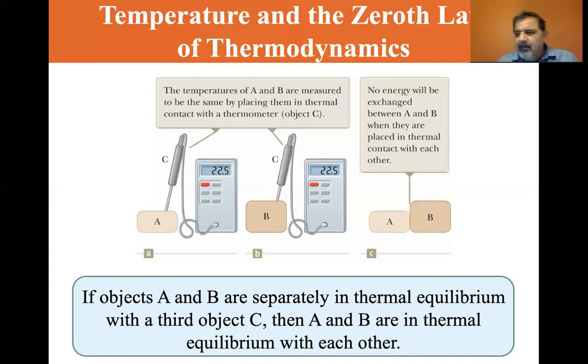So we need a reliable and reproducible method for measuring relative hotness and coldness. The thermometer does that, and a thermometer will measure temperature irrespective of what it measured before. It's an objective measure, and what we're going to learn is that energy transfers from a hot item to a cool item.